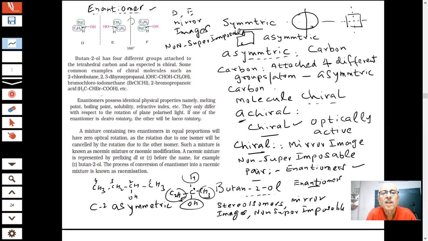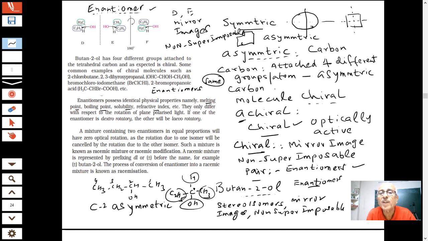Enantiomers have the same physical properties like melting point, boiling point, solubility, refractive index, same. What is different?